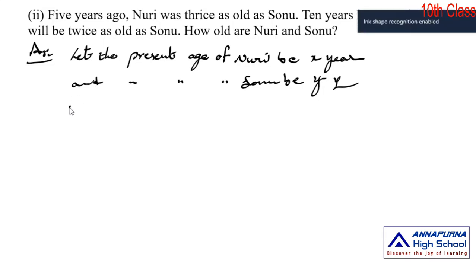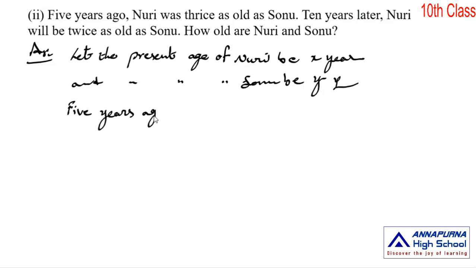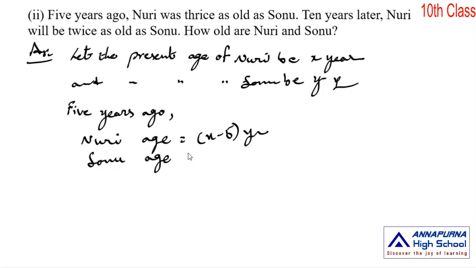So 5 years ago, Nuri's present age is x years, so 5 years ago her age is x minus 5 years. Okay, and Sonu's present age is y years, 5 years ago her age was y minus 5 years.